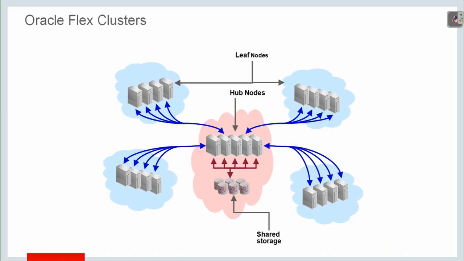Okay, so Oracle Flex Cluster. Oracle Flex Cluster is one of the possible Clusterware deployment options. Okay, and Oracle Flex Cluster was introduced in Oracle version 12. And prior to Oracle version 12, we had only this portion, this area.